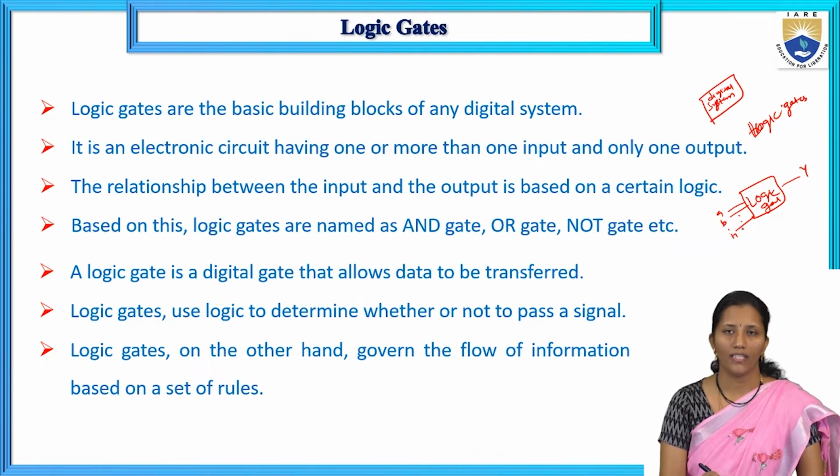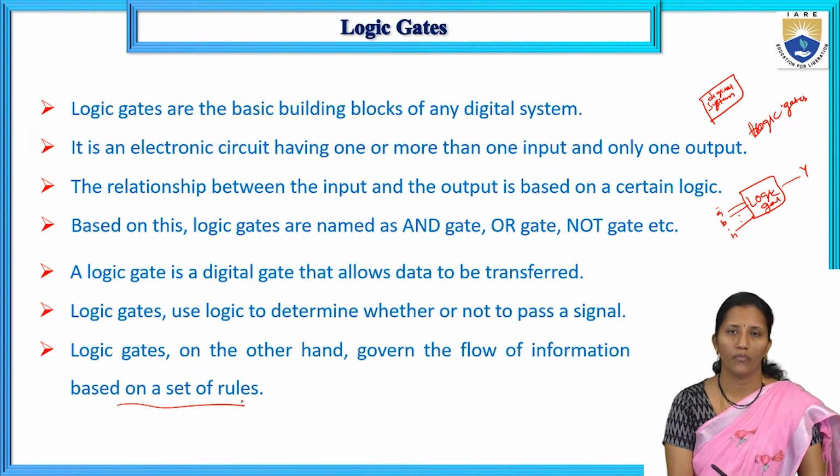A logic gate is a digital gate that allows data to be transferred. Logic gates use logic to determine whether or not to pass a signal. So if you want to pass this signal to the output or not, by using the logic, we implement that gate. Logic gates govern the flow of information based on a set of rules.